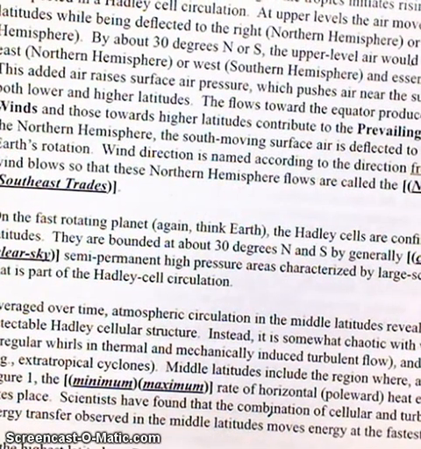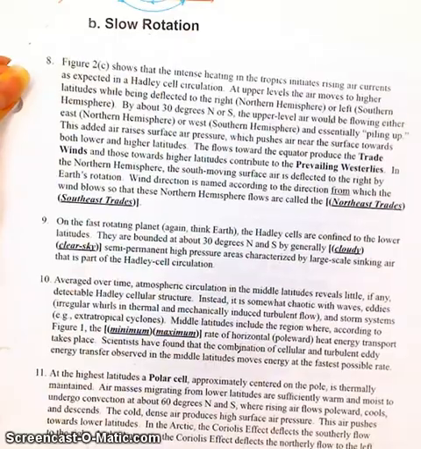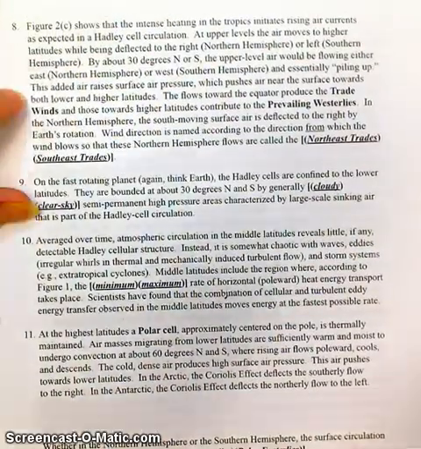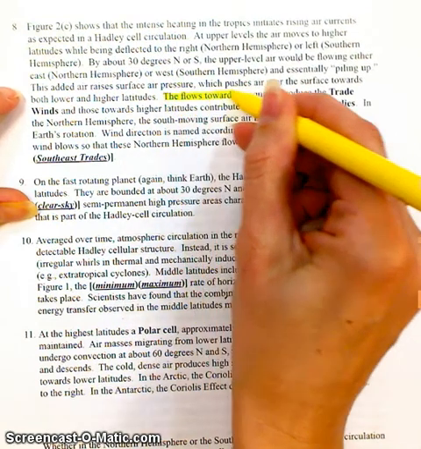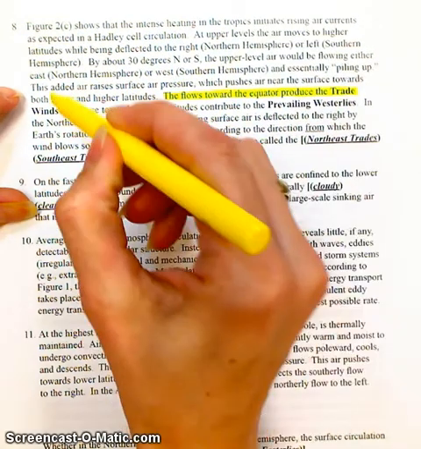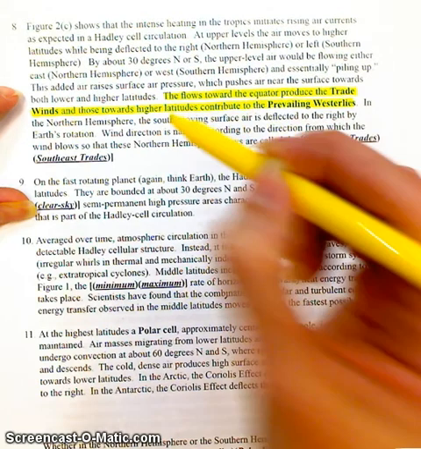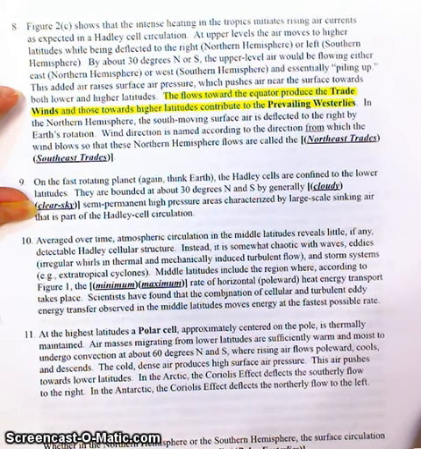Okay, so let me zoom out just a second. So we're up here in number 8. I do want you to take the time to highlight so that you know what the trade winds are, what the prevailing westerlies are. Okay, in the northern hemisphere, the south-moving surface air is deflected to the right by the Earth's rotation.